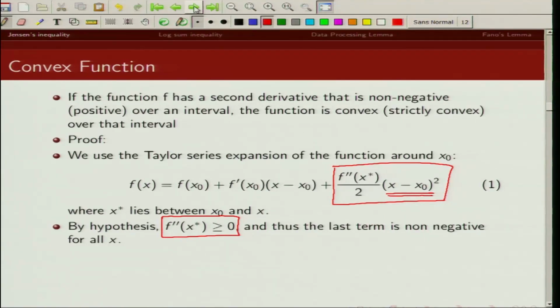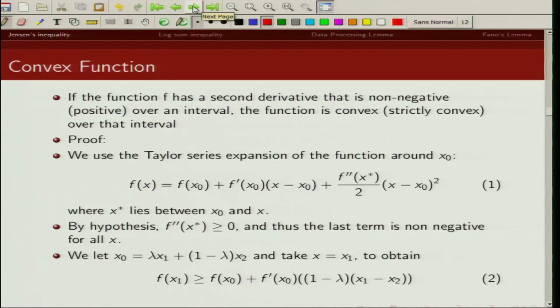So then what I can do is write f of x. Since this term is non-negative, f of x will be greater than or equal to f of x naught plus the first derivative of f evaluated at x naught times x minus x naught.